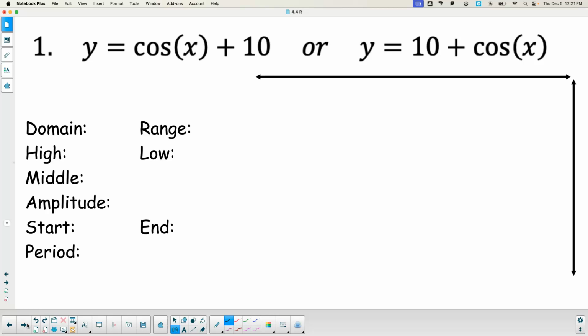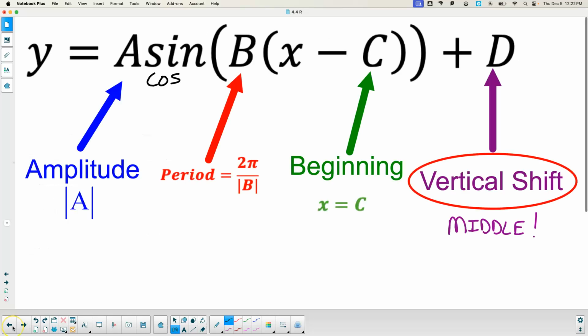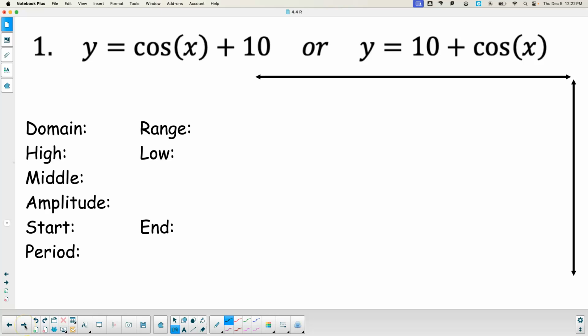So, you'll see it's written in 2 different ways. These 2 different ways are exactly the same. This left one over here is kind of how we write it here at Wausau West. Also, it brings it back to the same formula as this. This right one over here, because remember, we are a dual credit class, is how NTC likes to write it.